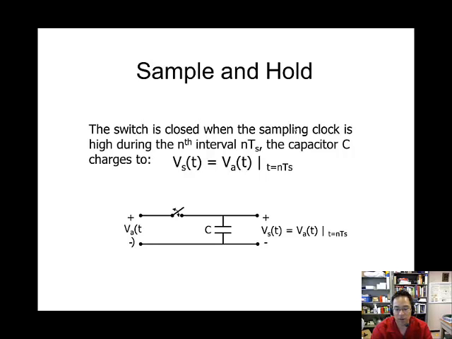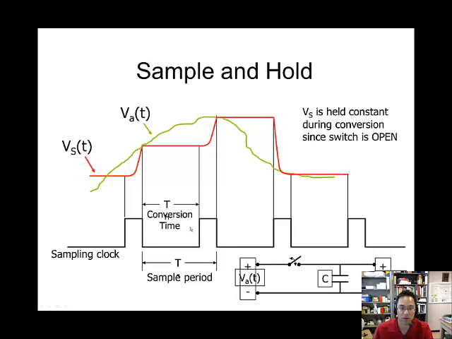The sample and hold circuit is pretty simple. It looks like this. There's an analog input, and here's our sampled output, and the switch will periodically close and charge up this capacitor. If we look in the time domain, we use the sampling clock to control the FET here.